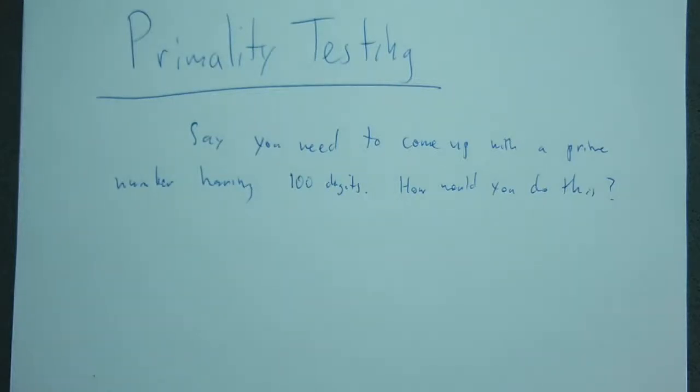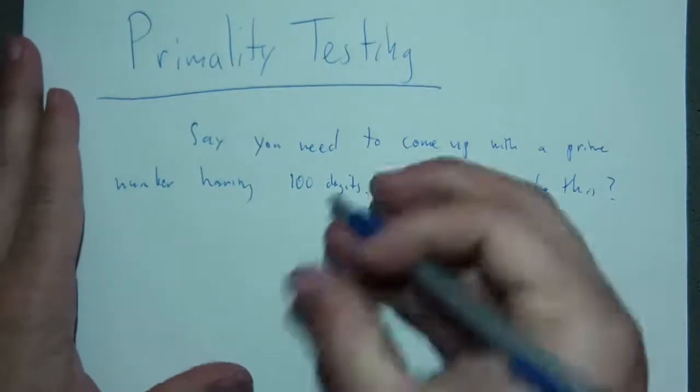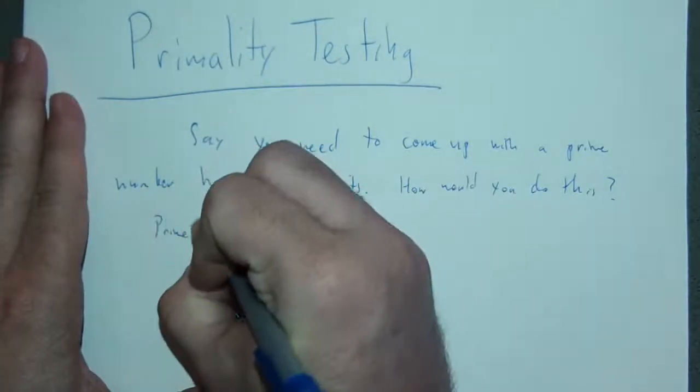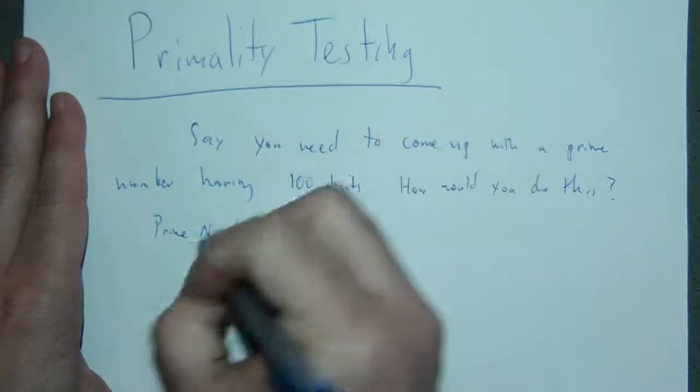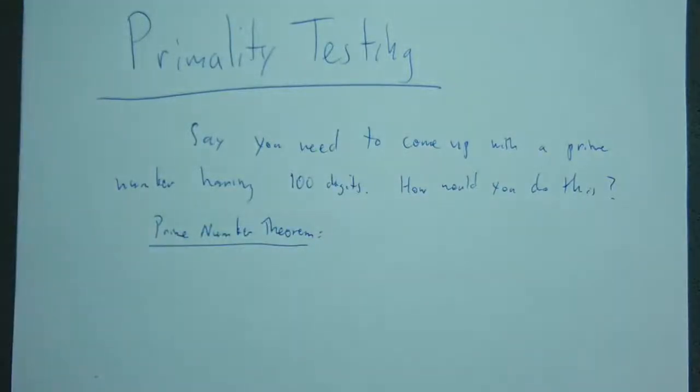we have the prime number theorem, which, as I've mentioned previously, is a very, very powerful theorem, the proof of which is beyond the scope of the course. I've stated it in various forms, but the prime number theorem says, among other things, that the chance that a random 100-digit number is prime is like 1 over the natural log of 10 to the 100, basically.